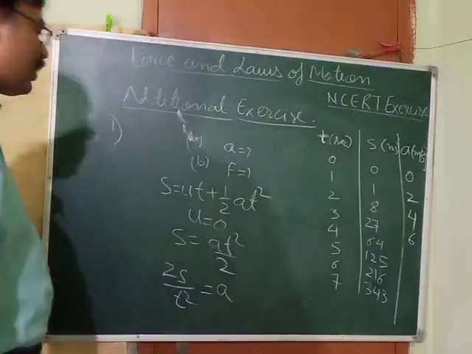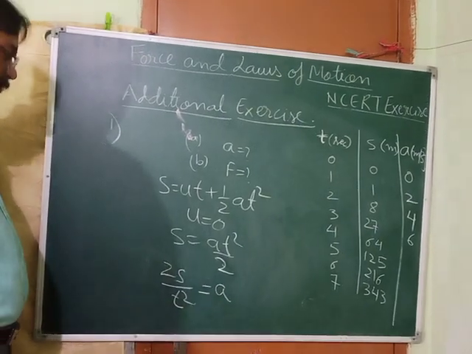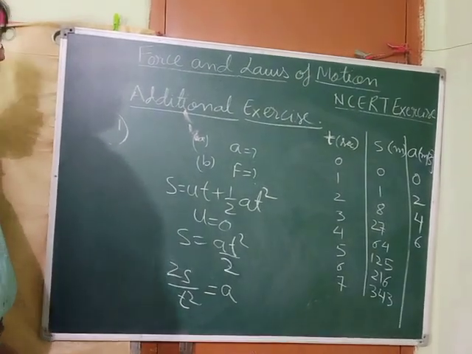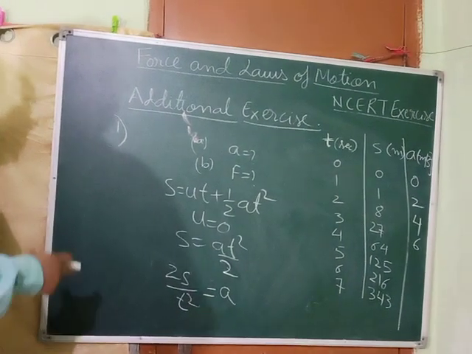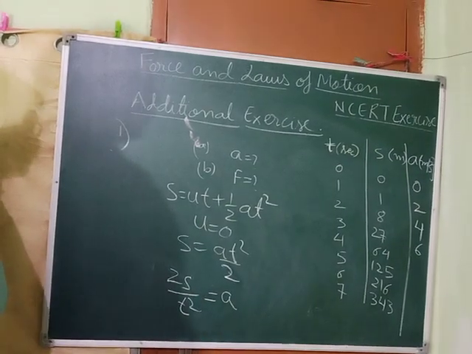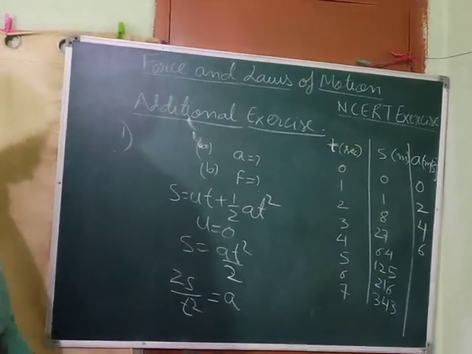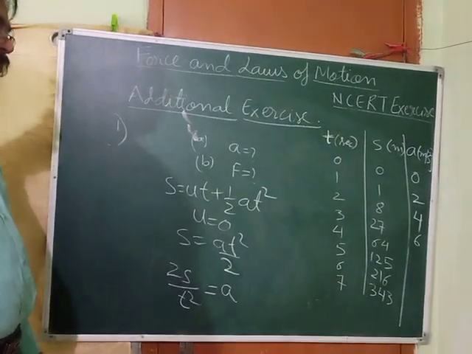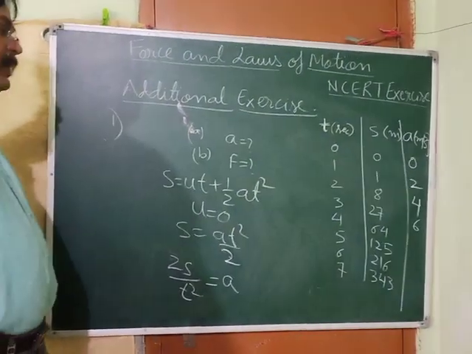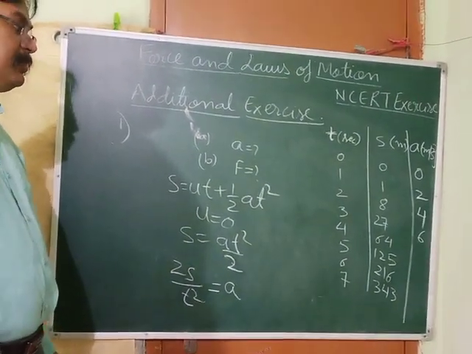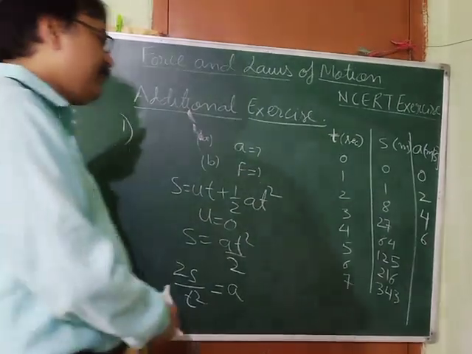Now s is 64, so 2 into 64 is 128, and t is 4. 4 square is 16. You have to divide 128 by 16, so we can write 8. So 8 we will get.